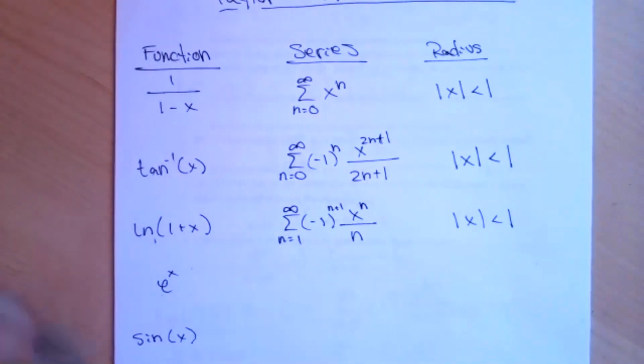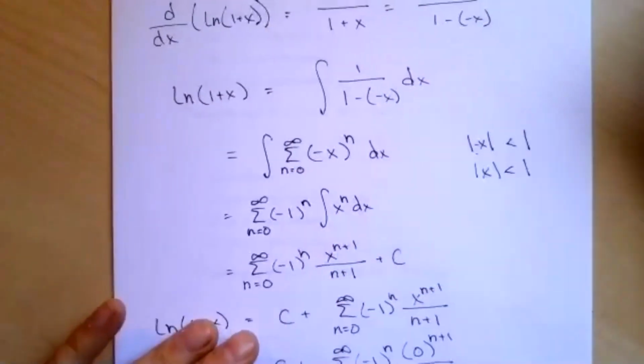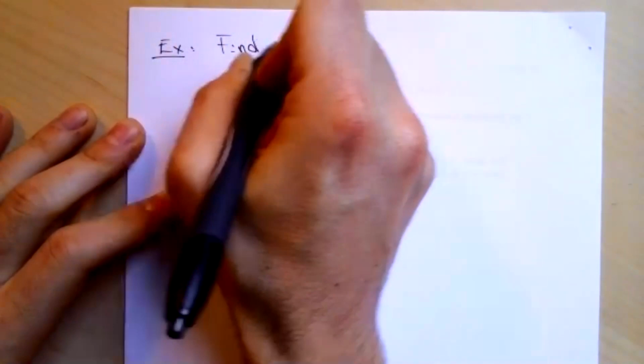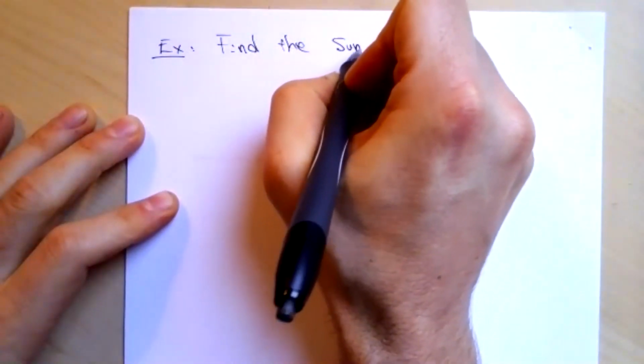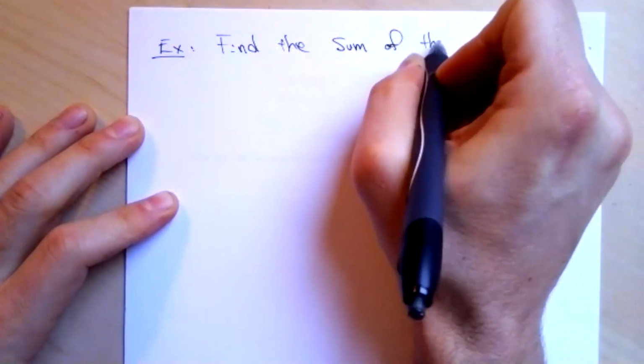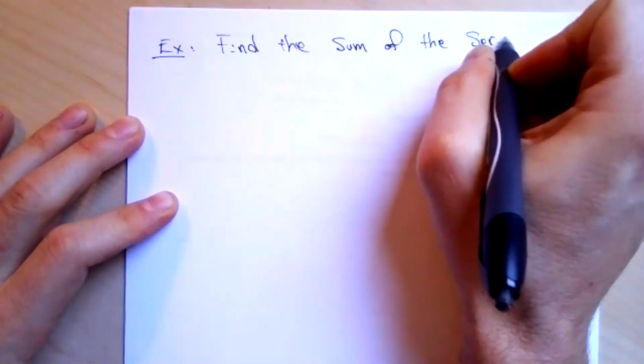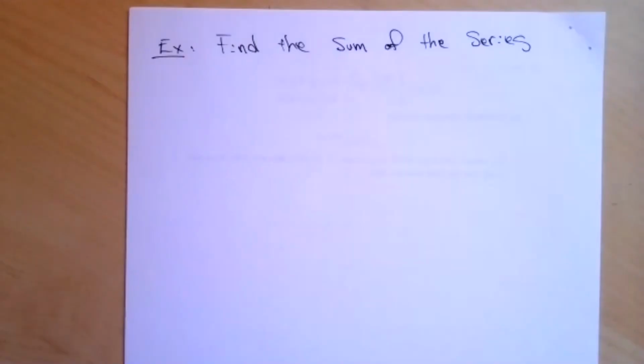So let's take a look at some examples of what we can do with power series. Let's say find the sum of the series. Or it might say determine whether the series converges or diverges.